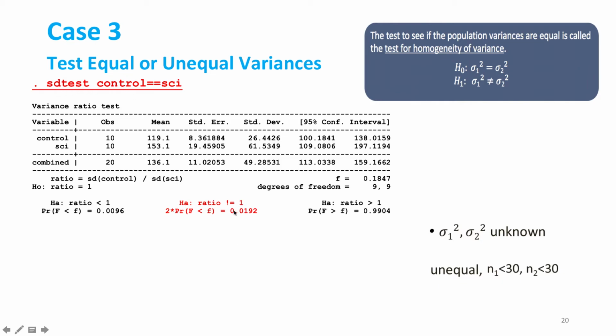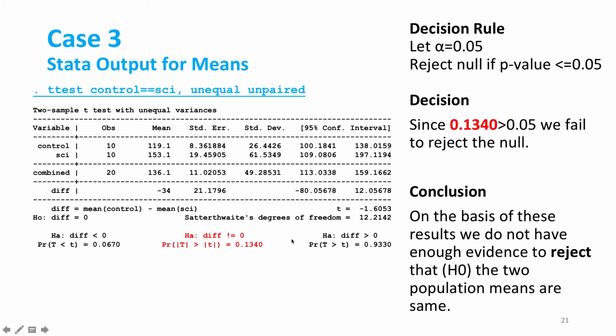See, this one is smaller than 0.05 now. The second test of this case is going to test the mean, if their means are equal to each other. And here it is 0.1, so we fail to reject. We will say we do not have enough evidence to reject that they're the same.